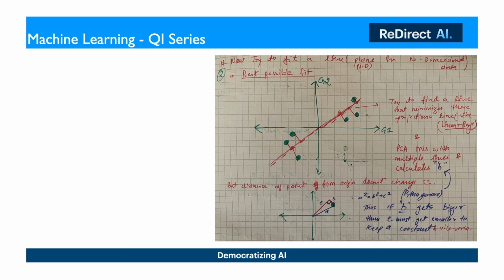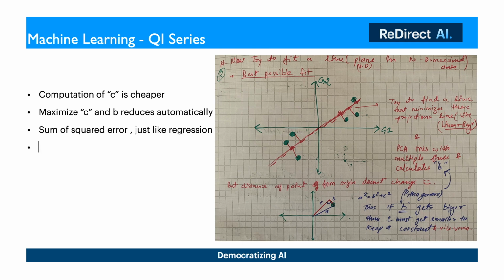So the vice versa case that we look upon is to reduce B and maximize C. And why C? Because computation of C is cheaper. That's why we maximize C and B gets reduced automatically.